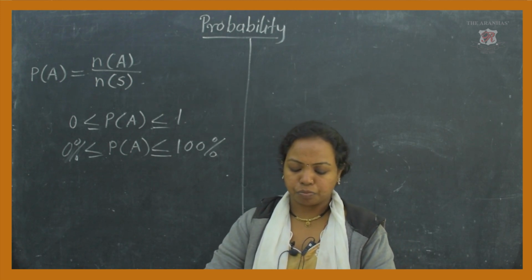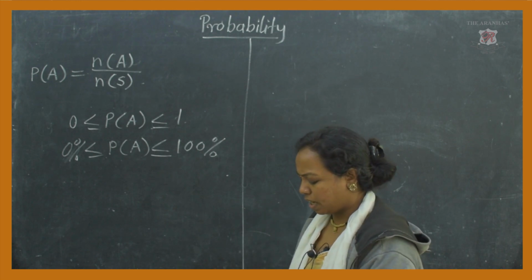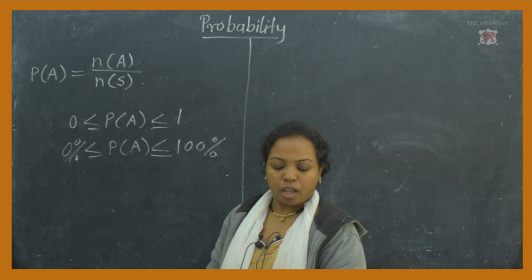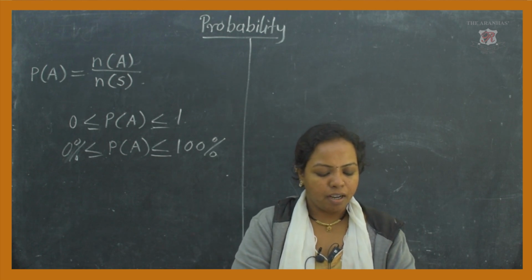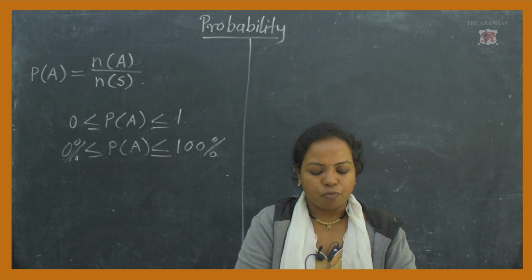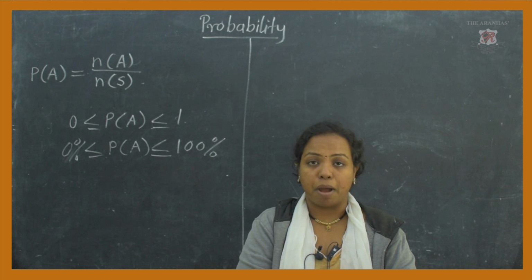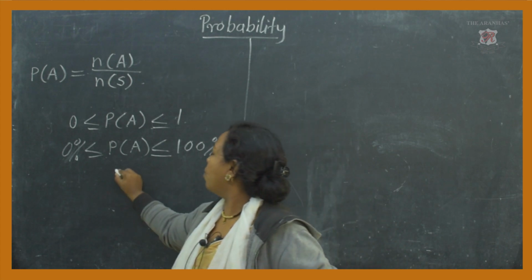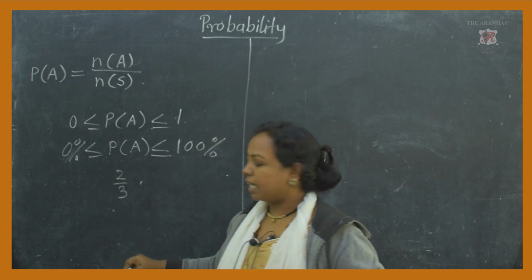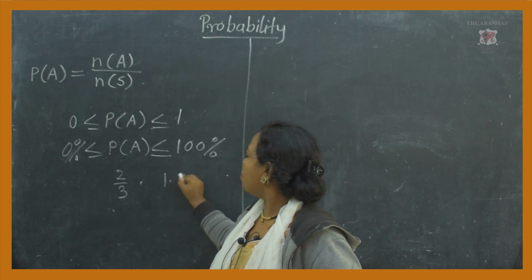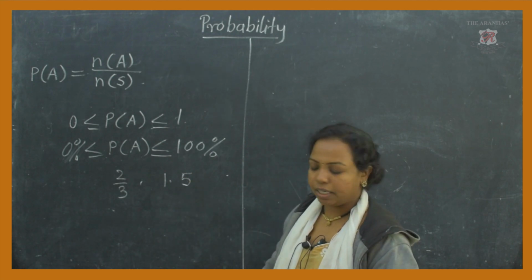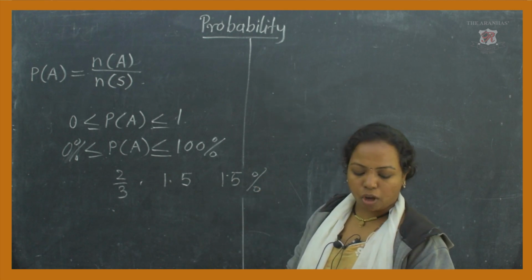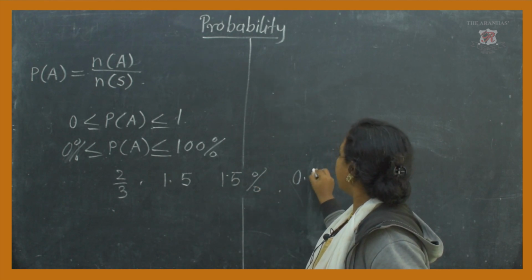Okay, and other things are also given, that when we are trying to solve such examples, we can see that. So, if you see in your practice set or problem set 5, which number cannot represent a probability? Option A is 2 upon 3, the second option is 1.5, the third option is 15%, and the fourth option is 0.71.